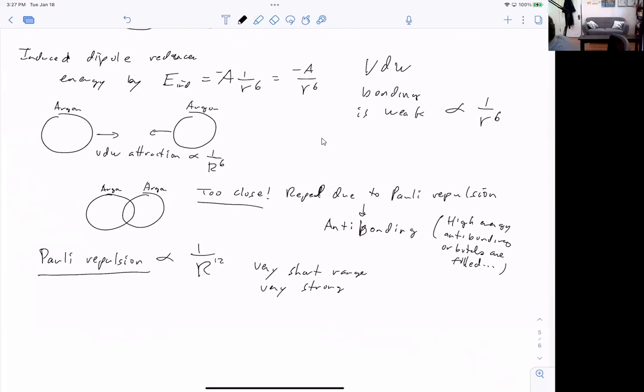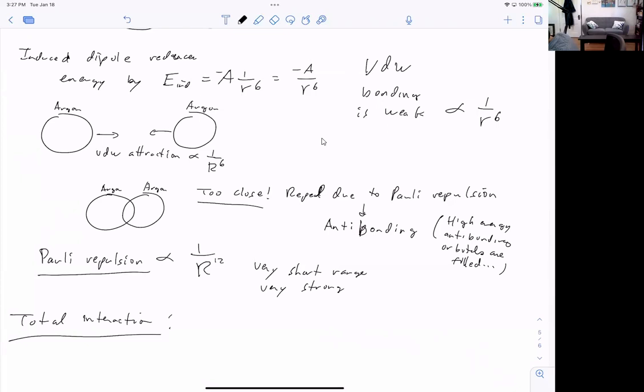And so the total interaction between two filled shell argon atoms is going to be this.